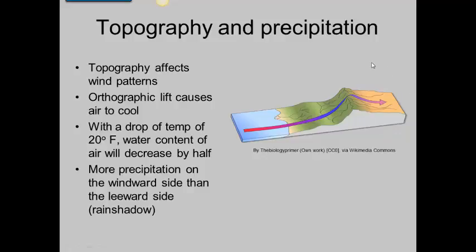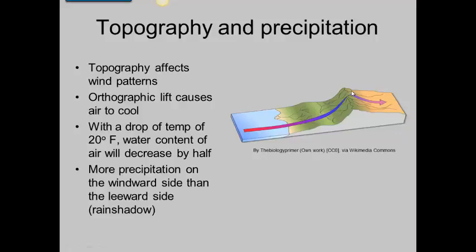The rain shadow is associated with the leeward side of a mountain. We see this really dramatically in the Sierra Nevada mountains of California. There's a lot of moisture on the west side, and it's relatively dry on the east side. What's happening is now we have a cold, dry air mass, so it's dropped its moisture on the windward side of the mountain.